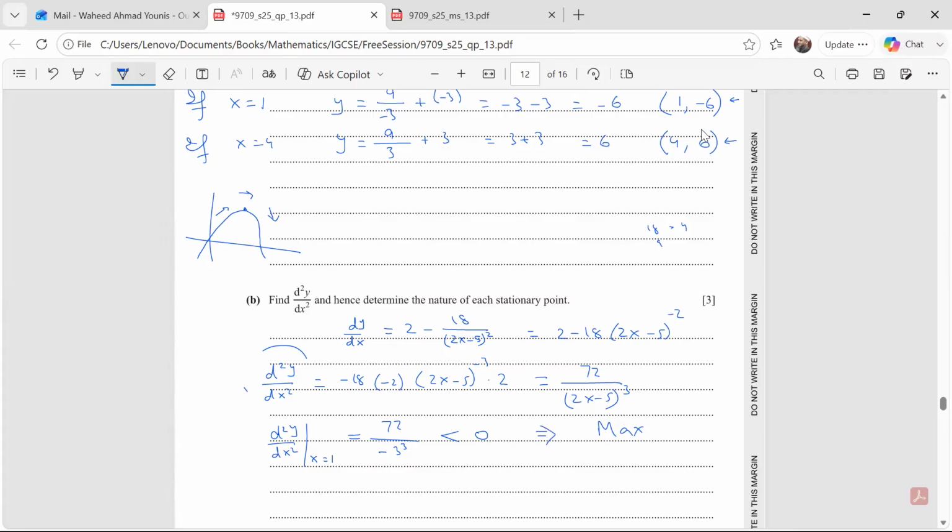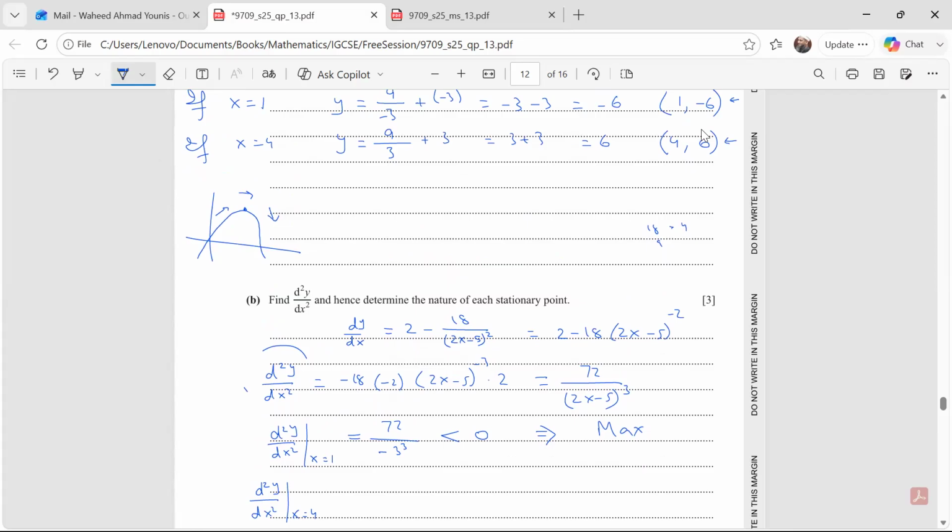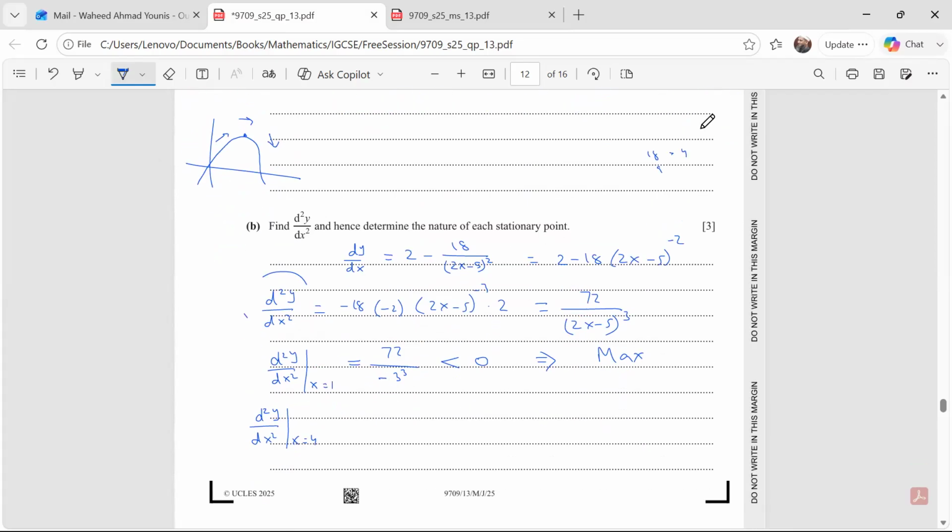Now let's calculate the second derivative d²y/dx² when x is 4. The second stationary point was when x is 4. So what is this? It is 72 over (8 − 5), which is 3, so 3 cubed.